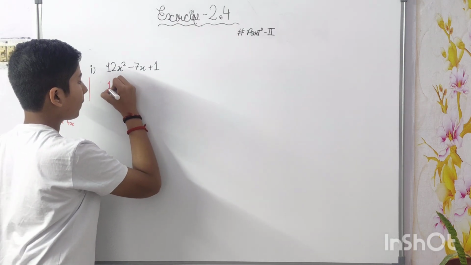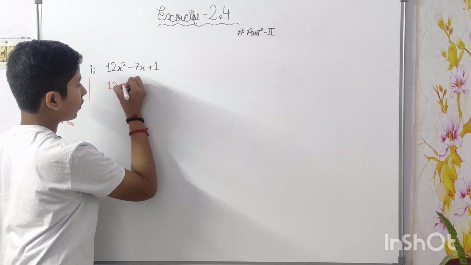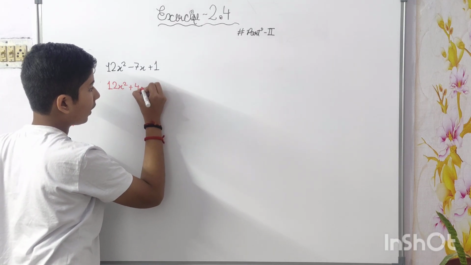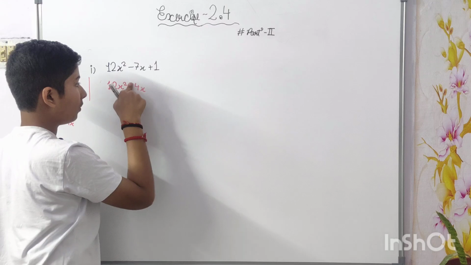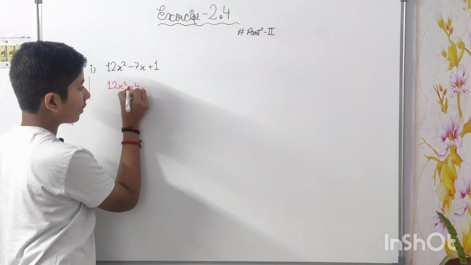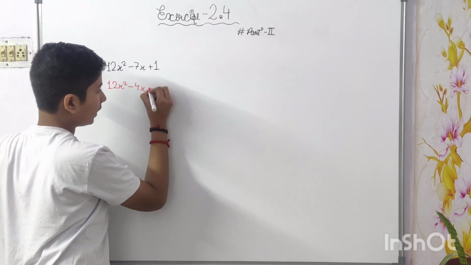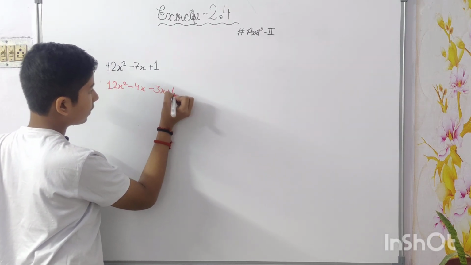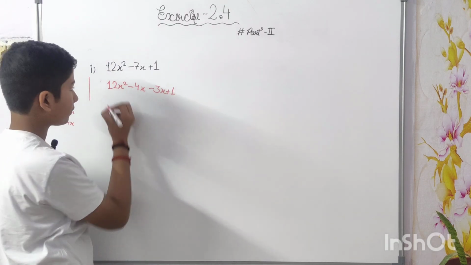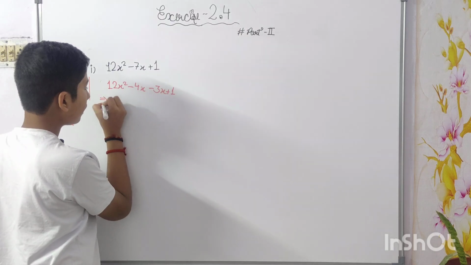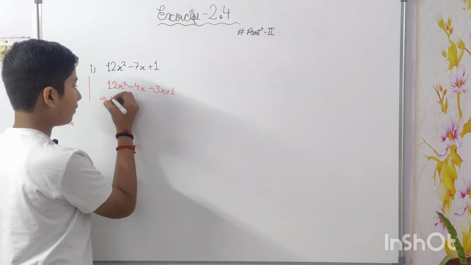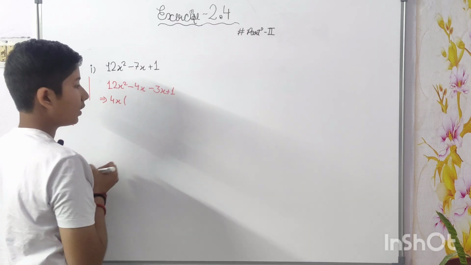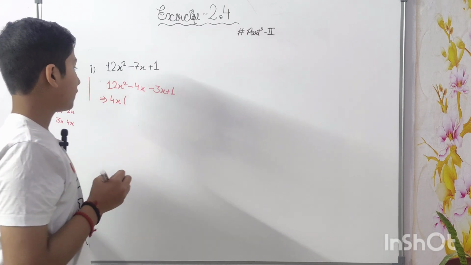So we'll do 12x square minus 4x minus 3x plus 1. Okay, now if we see here, what can be taken common? 4x can be taken common. Now what will be left?